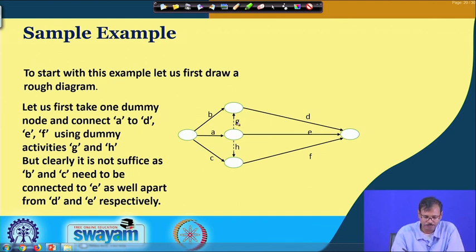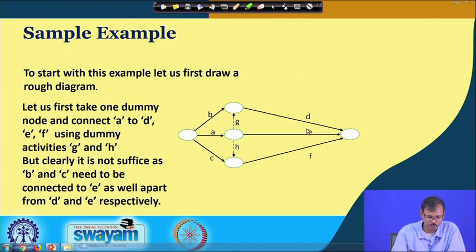You can see in the previous one our E activity which is added here had both A, B and C probably, let me check once again.